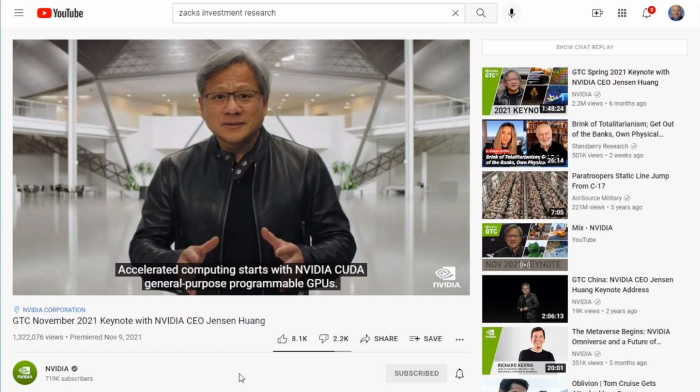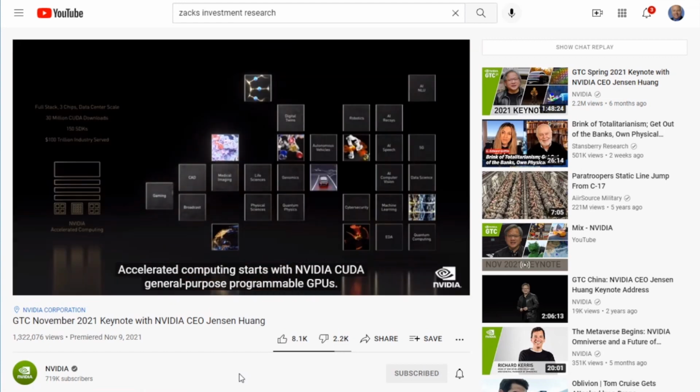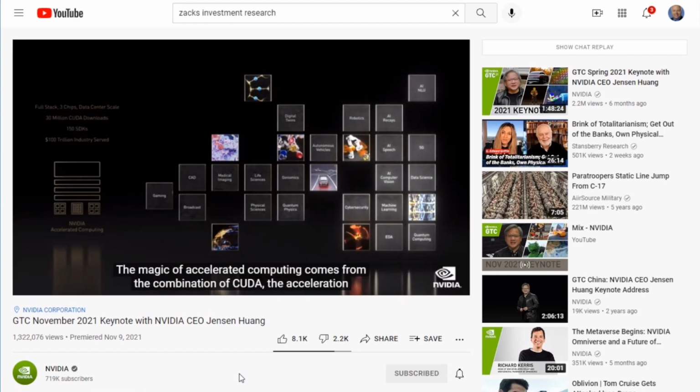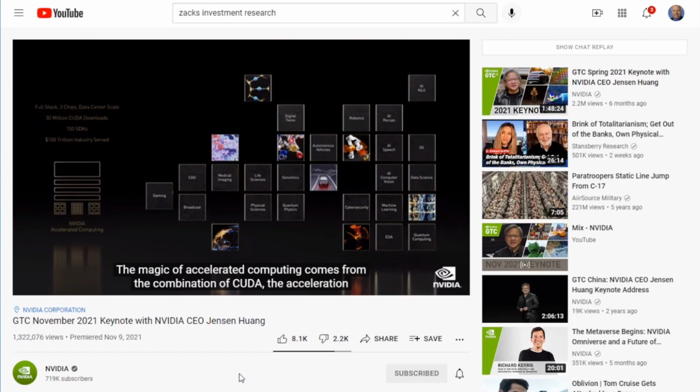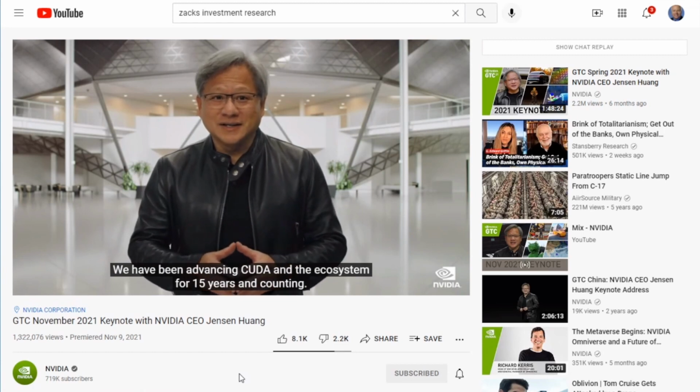Accelerated computing starts with NVIDIA CUDA, general purpose programmable GPUs. The magic of accelerated computing comes from the combination of CUDA, the acceleration libraries of algorithms that speed up applications, and the distributed computing systems and software that scale processing across an entire data center. We have been advancing CUDA in the ecosystem for 15 years and counting.